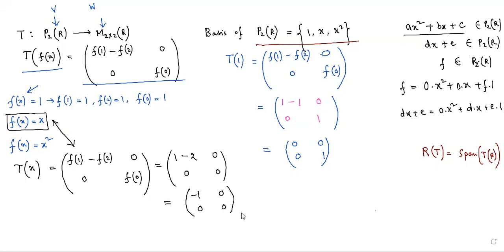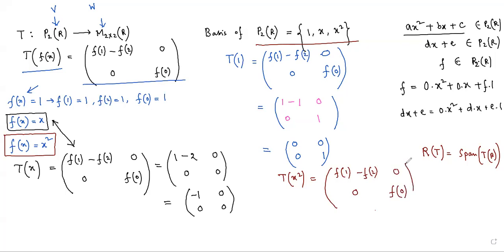Now we are going to find T of x squared. When we want to find T of x squared, remember this is my function. So we write f of 1 minus f of 2, 0, 0, f of 0. Now what is f of 1? It is 1.